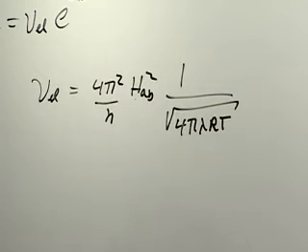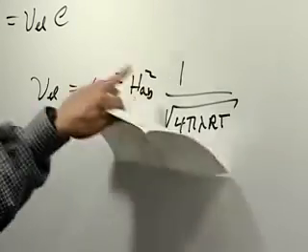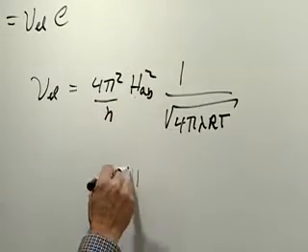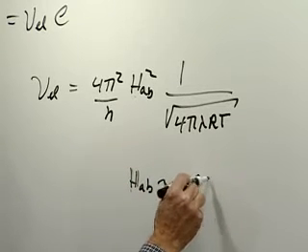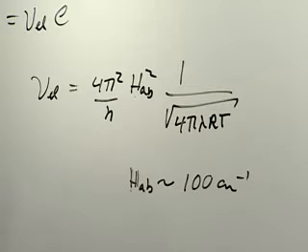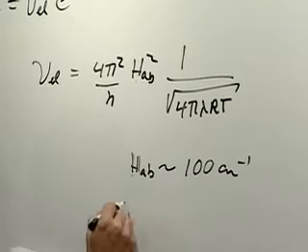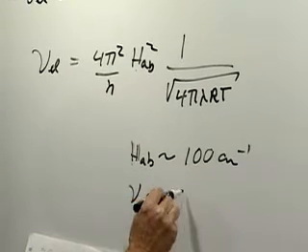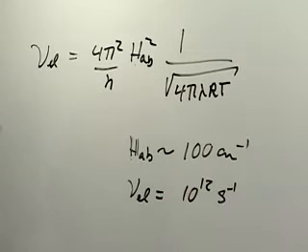Now, the frequency clearly can go from something very small. When this is very, very small, this frequency is low. So if HAB is of the order of 100 centimeters to the minus 1, I calculated it, you get a frequency nu EL of about 10 to the 12th seconds to the minus 1.